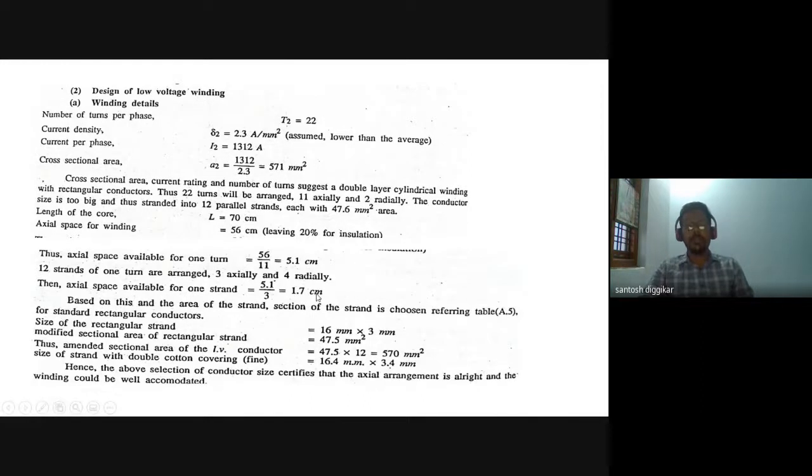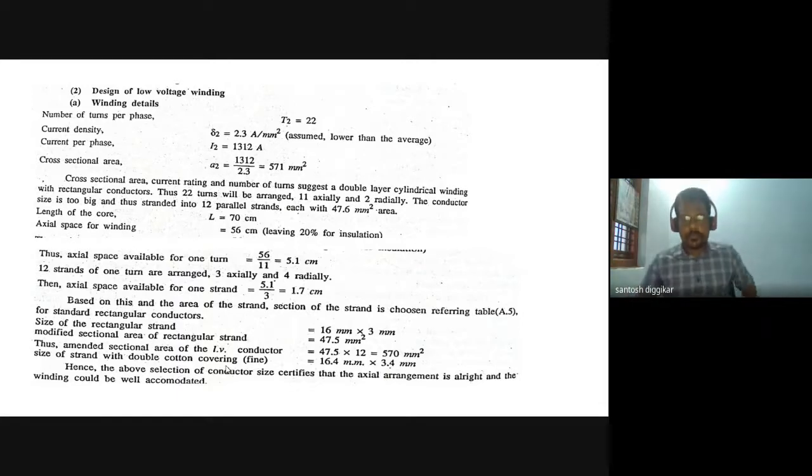Finally, the size of a strand with double cotton cover. On the LV winding we are placing a cotton cover as insulation, and the size for one strand is 16.4 mm into 3.4 mm.